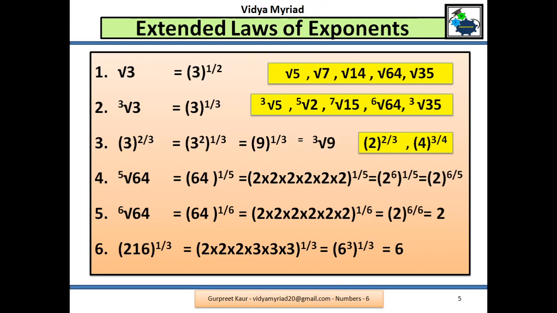When your powers are the same and bases are different, I will multiply. So 2 into 3 becomes 6 raised to power 3, the whole raised to 1 by 3, which means I can easily cut 3 and 3 because it will come as 6 raised to power 3 upon 3. 3 and 3 will get cut. My answer comes to only 6.